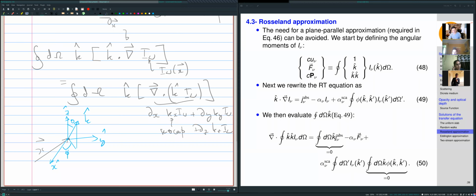They do not depend on the position vector x. For any position vector x, I perform the angular integration, and when I do that, I do not change x. So going back here, the dx of kx I nu is the same as kx times dx I nu. I can take it out of the derivative. That's why I put k dot nabla equal to nabla dot k.